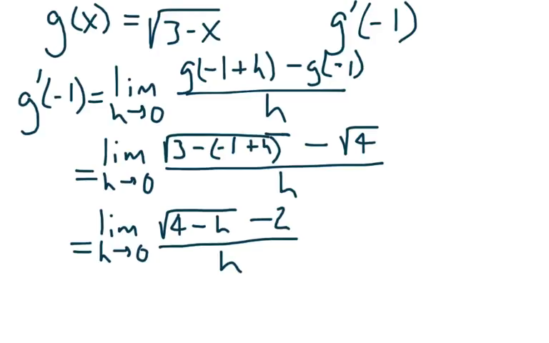In this case, because I see a sum or a difference of two expressions involving a radical, I'm going to try multiplying the top and the bottom by the conjugate, the square root of 4 minus h plus 2.